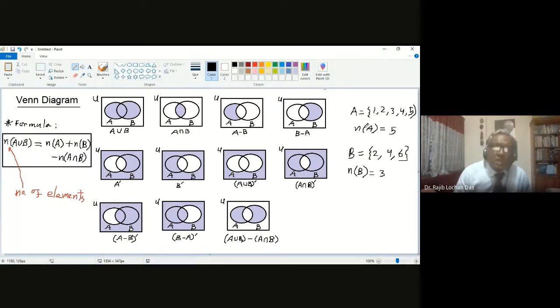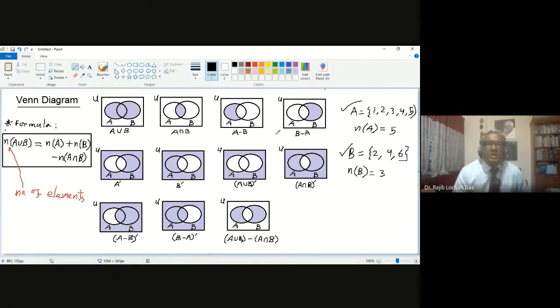If you understand this and apply the formula, it will be correct. This formula is not very essential. If you understand the Venn diagram, then automatically you can solve problems.